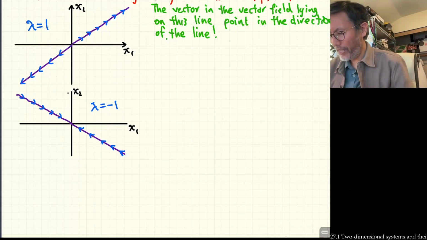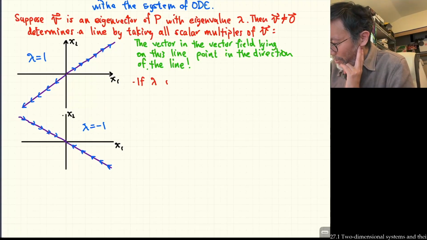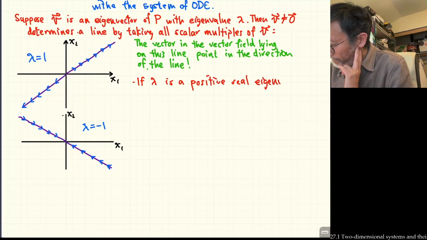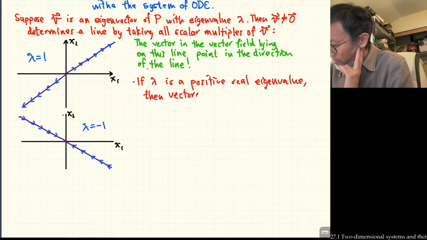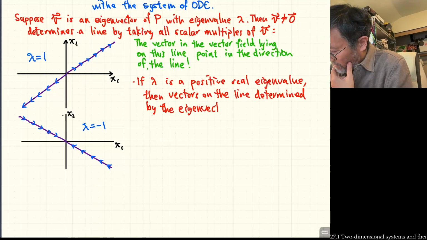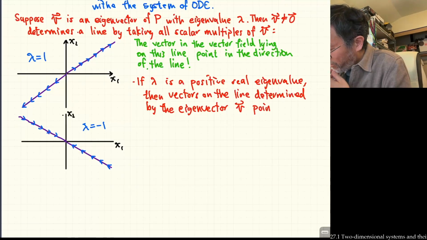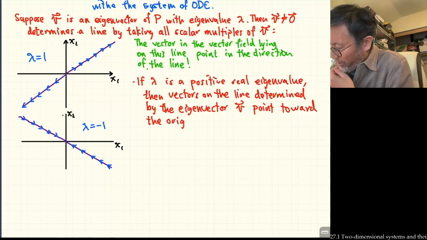So the bottom line is this. If lambda is a positive real eigenvalue, then vectors on the line determined by the eigenvector v point away from the origin along the line.